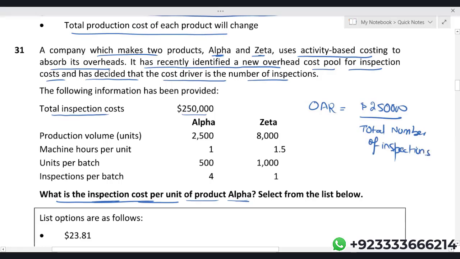Once we have calculated it, 2,50,000 divided by the total number of inspections will give us the overhead absorption rate per inspection. Then it becomes very easy to allocate how much inspection cost belongs to alpha. After that, the inspection cost which relates to alpha divided by the number of units of alpha will give us the answer.